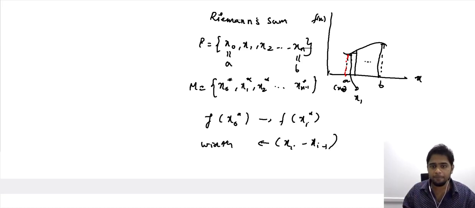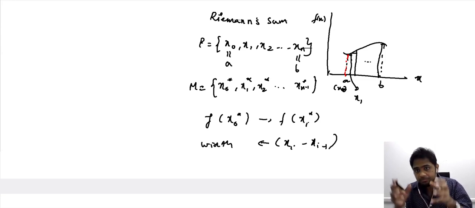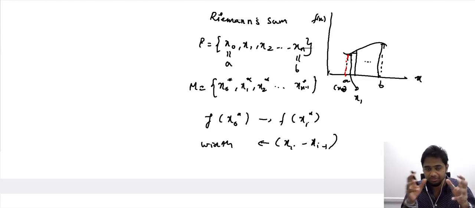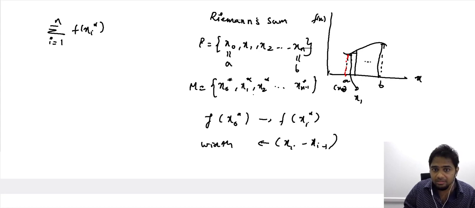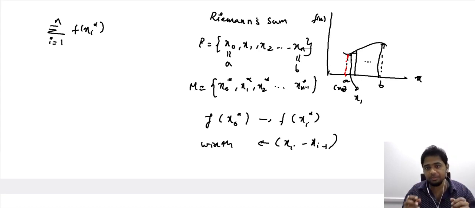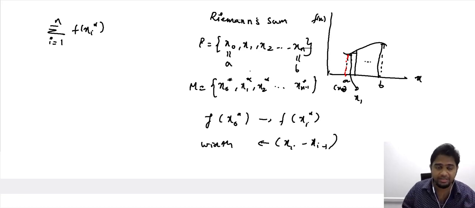So ultimately, when you want to estimate the area that is enclosed by the curve within the limits, it can be written as the summation of i moving from 1 to n, f of xi star, that is the midpoint, and from the midpoint we are estimating the height of the rectangle, and the width of the rectangle, which is expressed as xi minus x of i minus 1.